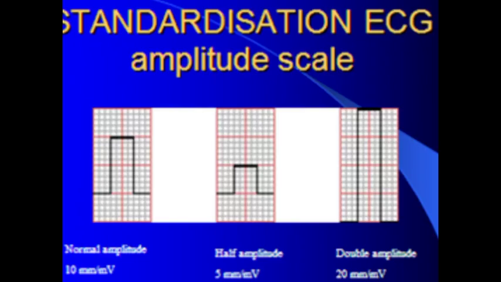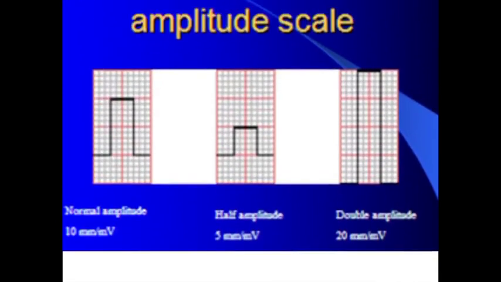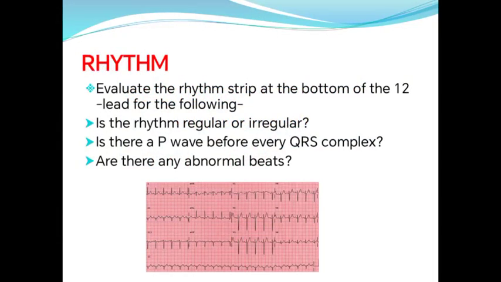Here it's not like that. This mark covers only one square, and here this mark covers four squares. This is the calibration. This is the normal one, 10 millimeters per millivolt. This is the right one here, and this is half, and this is double. Okay, you can do it like this for some purpose, but you should look at this first. Okay, the second one is the rhythm.